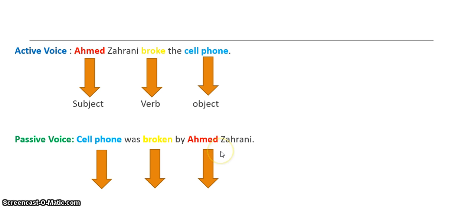At the object position. And we have the verb broke, but in the passive voice, we have used the participle form, and also the helping verb was. So object, helping verb, participle, by, and then the subject would be the construction of passive voice.